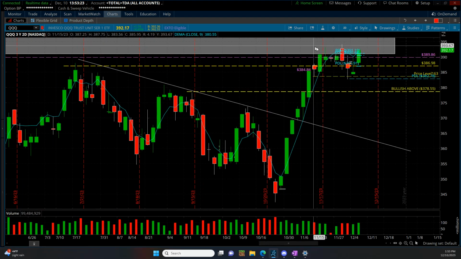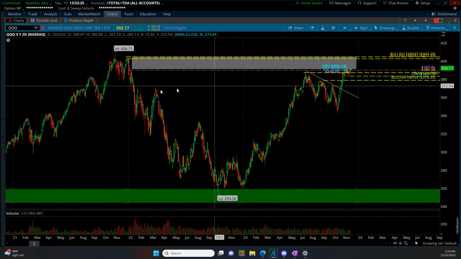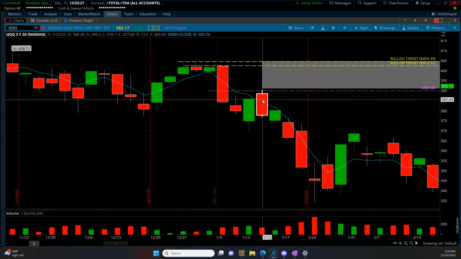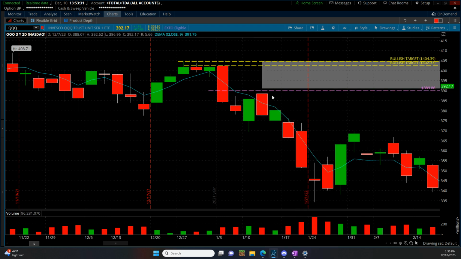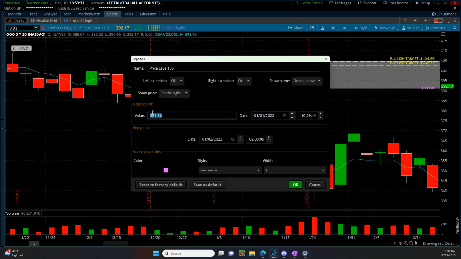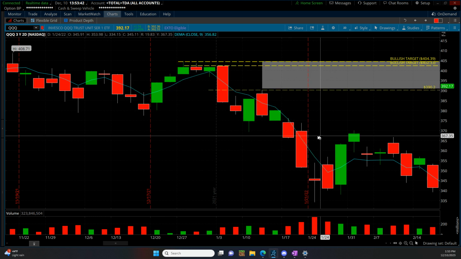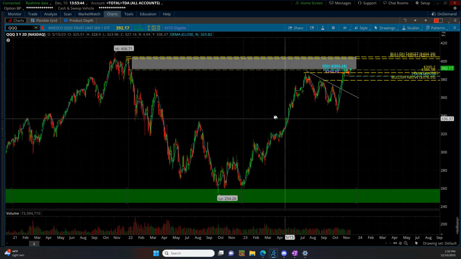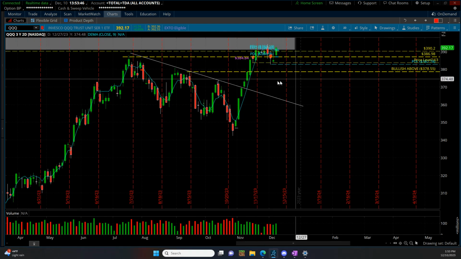Let me get the exact number real quick. The high of this candle was 390.20. I switched my levels to yellow, by the way, Devo. Had to switch it up. No purple anymore.